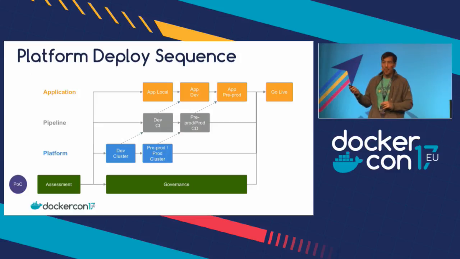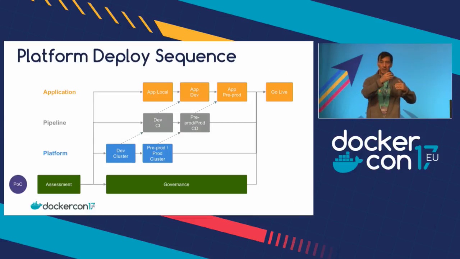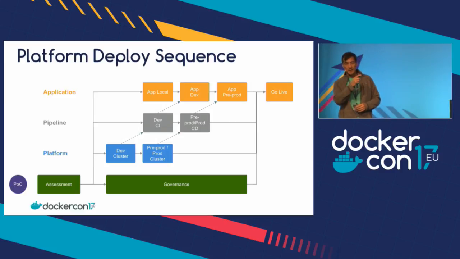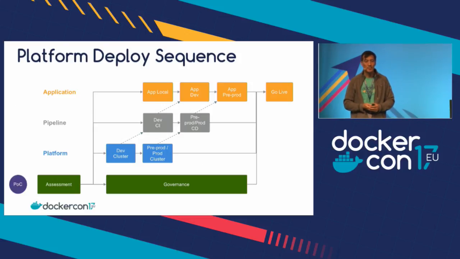Then after that, once again, we're sequencing here. The platform team can start building the true pre-prod or prod cluster. They can figure out all of the high availability, disaster recovery, put it across multiple data centers. The CI/CD team, the pipeline team, can then extend their tools onto the next cluster and start actually doing real deployments to all of this extended production platform.